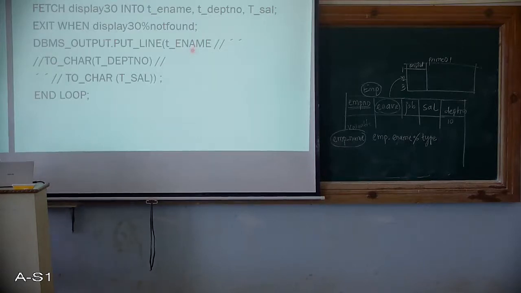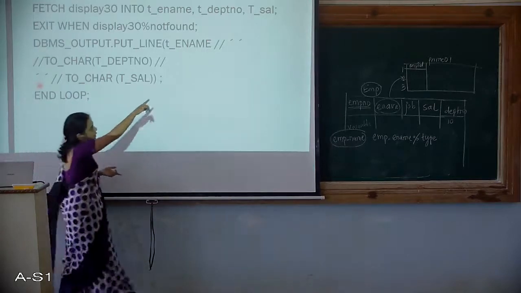So the first data being displayed is e-name, then the department number, then the salary, all of them separated from each other with two forward slashes and one space, which is shown with the help of this single quote.